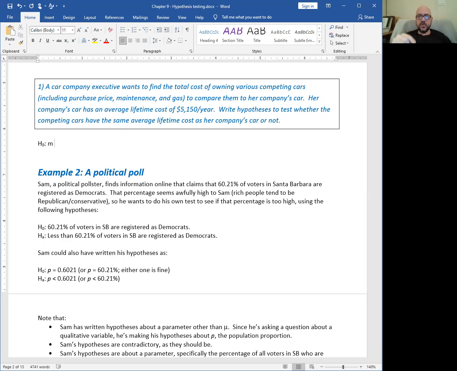We're not interested in hypothesizing about the mean cost of her company's car. We know what that is, right? They've done thousands of hours of research on it. We're pretty confident that her company's car costs $5,150. We want to know if the competing cars have the same average lifetime cost as her company's car or not. Well, her company's car's average lifetime cost is $5,150 a year.